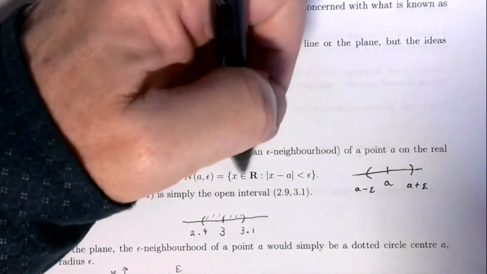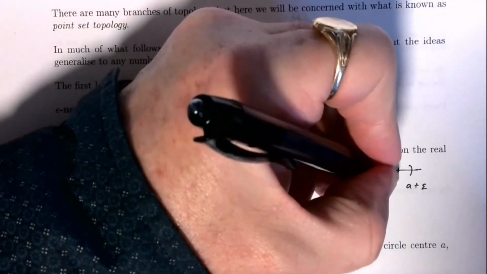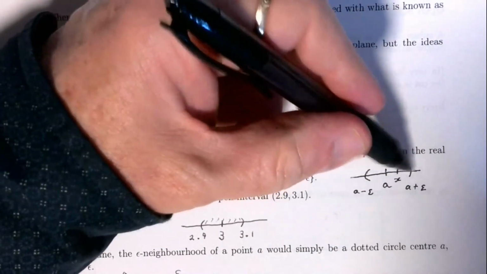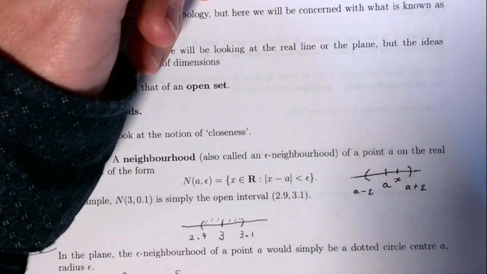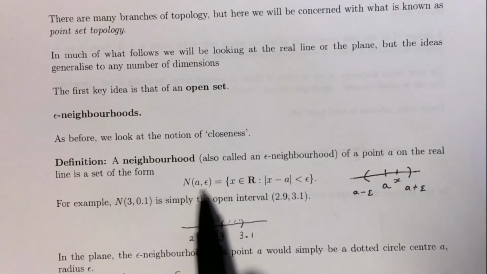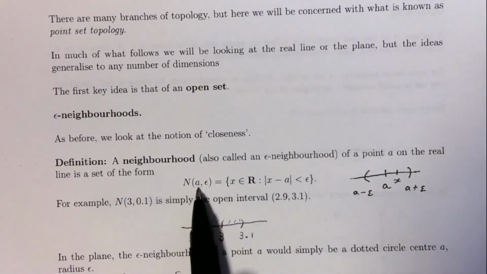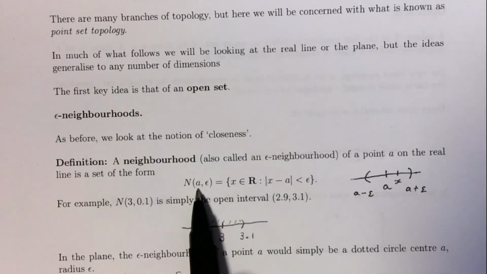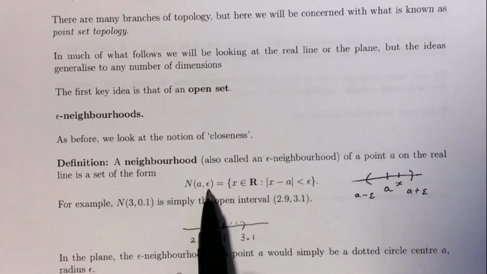And my x is such that the distance between x and A, so there's my x, that distance is less than the width of the band, less than epsilon. So you've sort of seen this idea before when we've talked about epsilon bands. This is called an epsilon neighbourhood. And we're going to use this notation N(A, epsilon). So A is the centre of the epsilon neighbourhood, and epsilon is how wide it is.